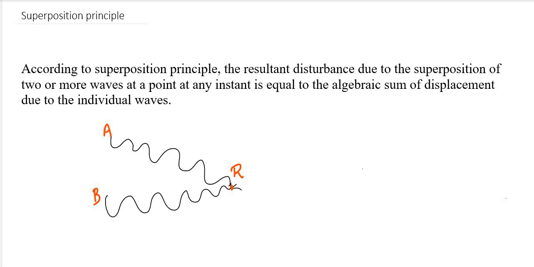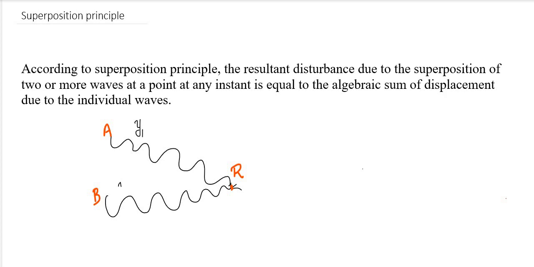One wave is coming from A and the second wave is coming from B, and they meet at a point R.